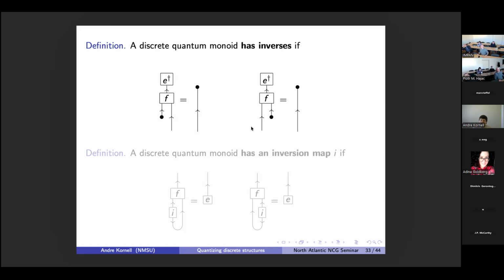I can't give you all the details, but I can sketch what happens. Okay. So let's take a look at the left equation, the left side. Can you see where I'm pointing? Yes, we can. Let's forget about this loose end and just look at the top piece, the F followed by E dagger. So it's a two-input quantum relation. And you can think of this two-input quantum relation as corresponding to the antipode.